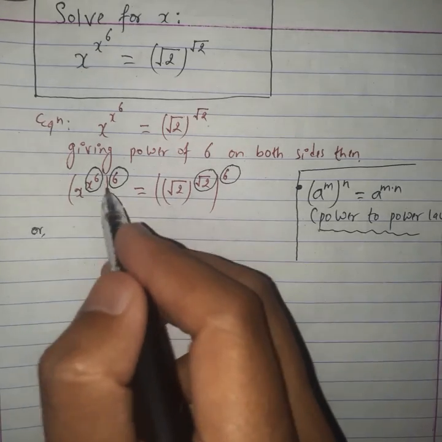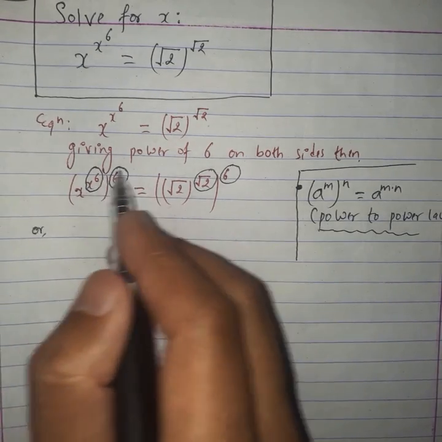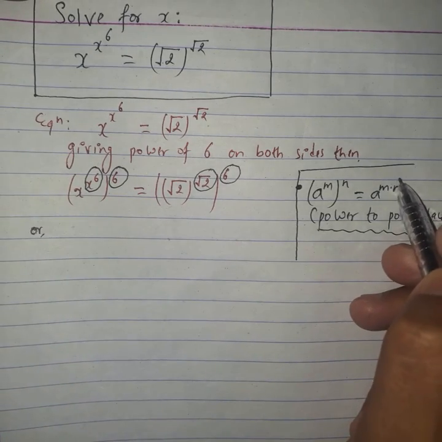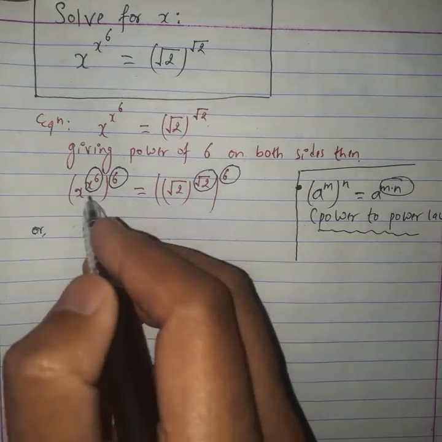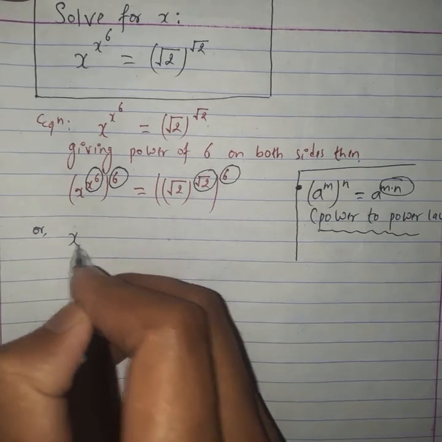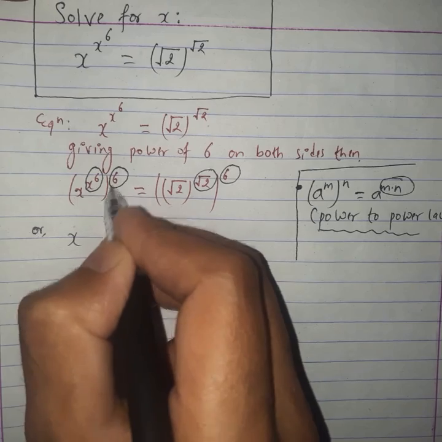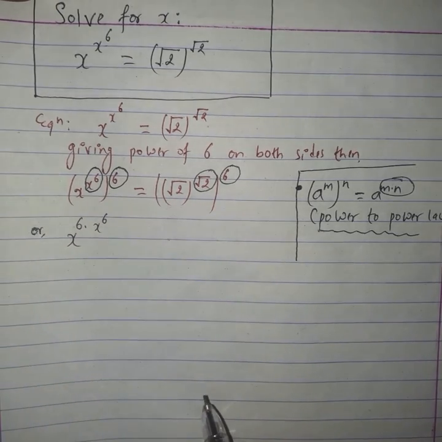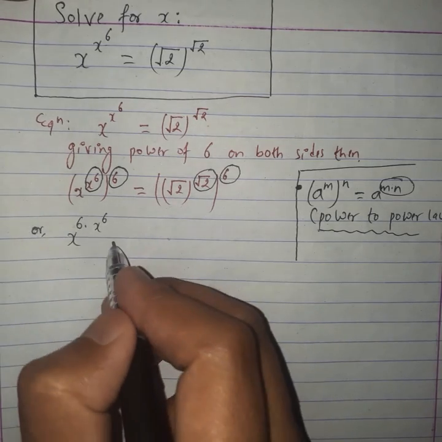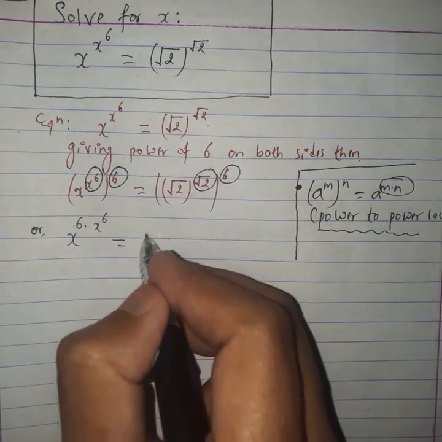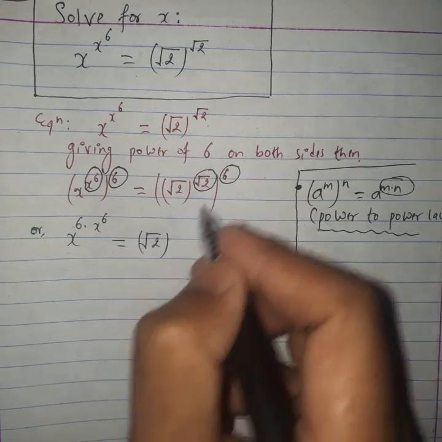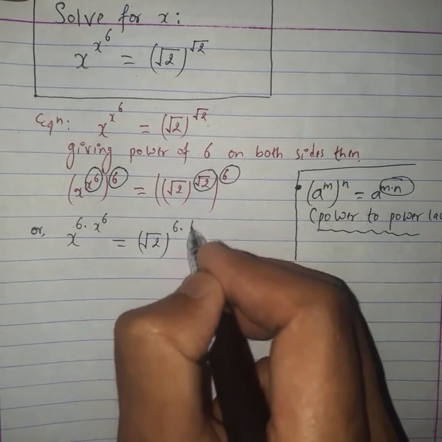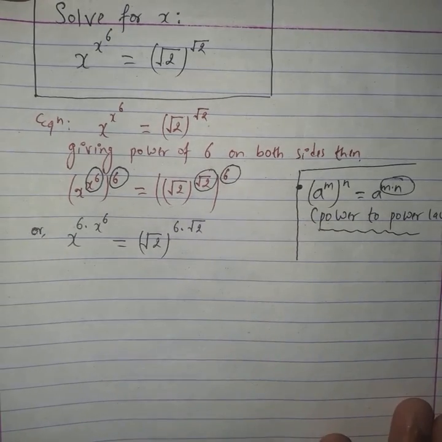Here is the same case. Let's multiply the powers together. So here x raised to the power of one power is 6, times the other power x raised to the power of 6. Here we just multiply the powers. This equals, in the same way, square root of 2 where we multiply the power 6 times square root of 2.